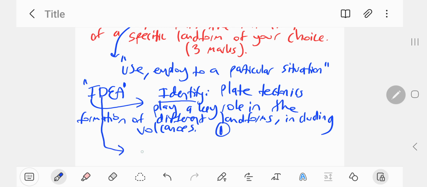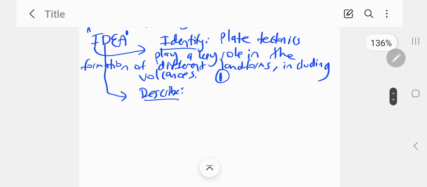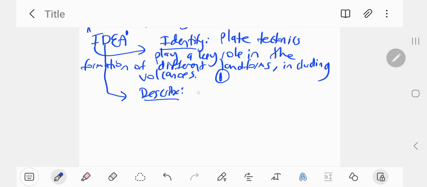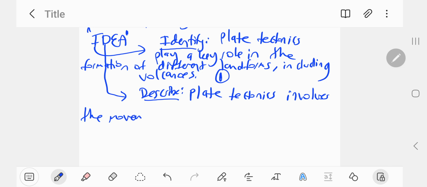And then D is describe. Okay, sketching out the general features of something. So the next bit would be plate tectonics involves the movement of Earth's lithospheric plates. Another fancy way of saying lithosphere is the crust and upper mantle, the asthenosphere.